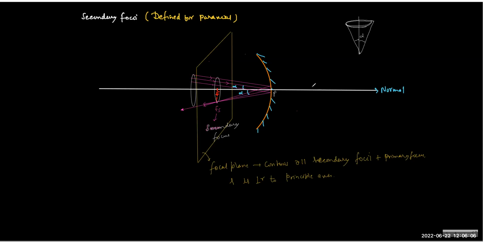If I choose this as the X axis, and this as the Y axis, and this as the origin, what will be the coordinates of the secondary focus Fs? You can see it's a simple formula.